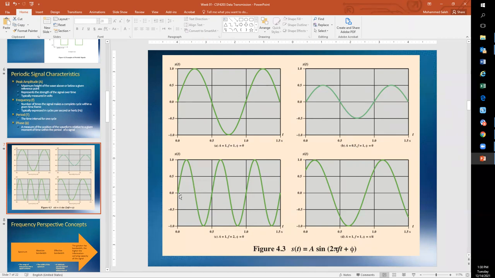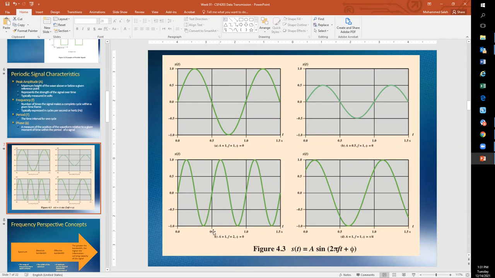As you can see here, this signal is generating 2 full cycles in 1 second. So the frequency of this signal is 2 hertz because it's doing 2 cycles per second. And the amplitude is 1 because the peak value is 1.